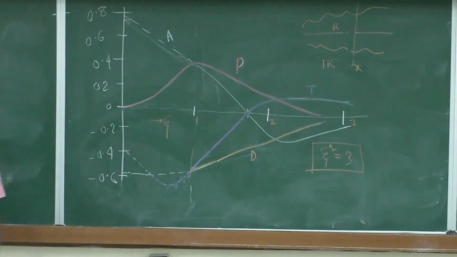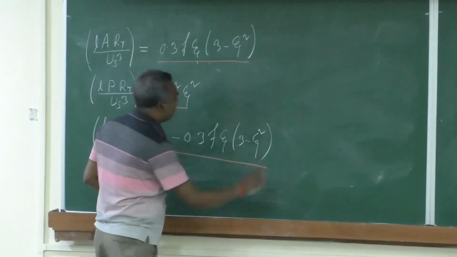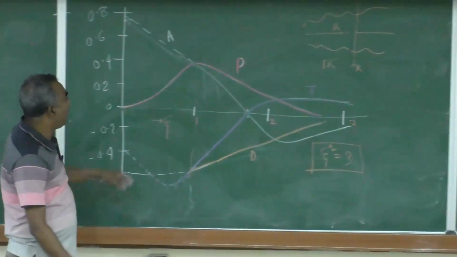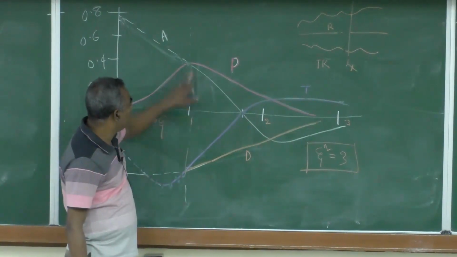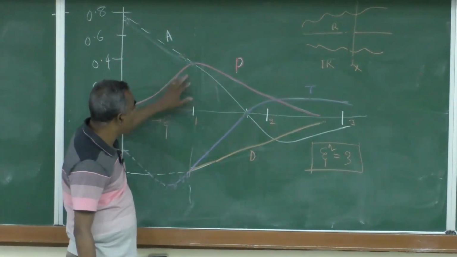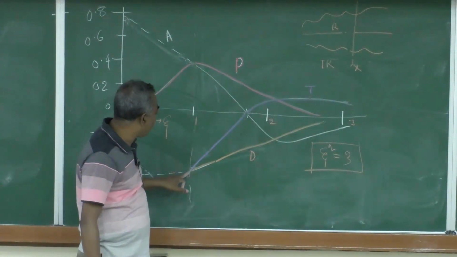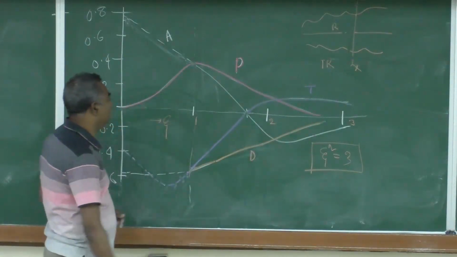That is what you can see here, this term and this term are equal. And here you see what is happening at this position: production is almost equal to dissipation. So, production is decreasing beyond j equal to 1, and dissipation is also decreasing towards the outer side of the turbulent wake.